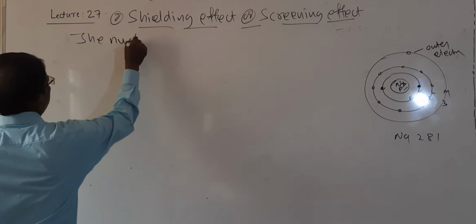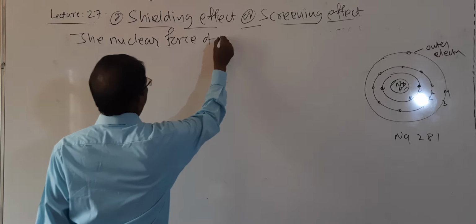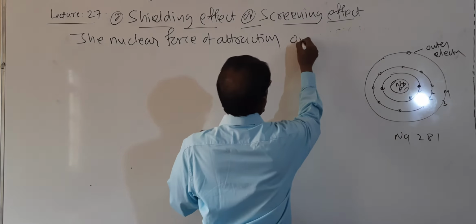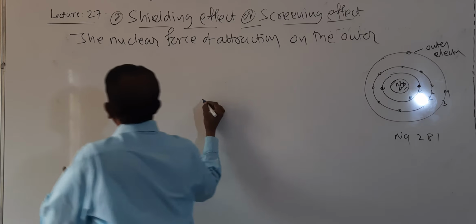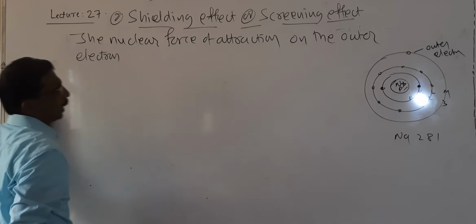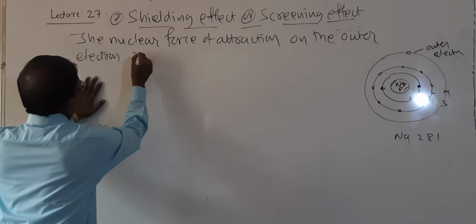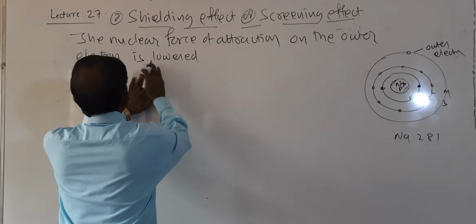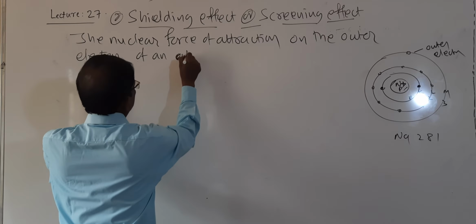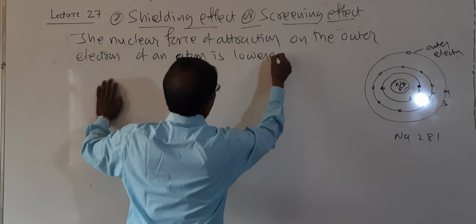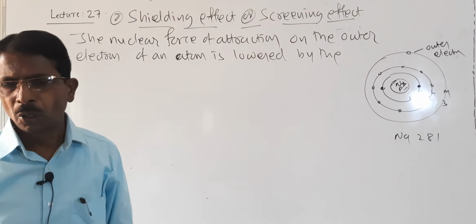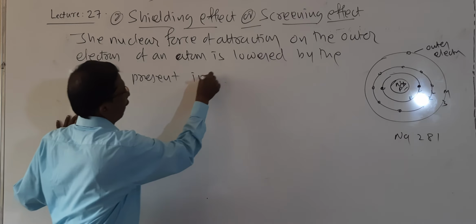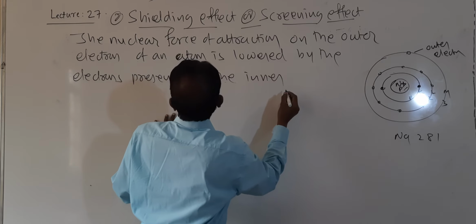The nuclear force of attraction on the outer electron, here it is the outer electron, of an atom is lowered or reduced by the electrons present in the inner shell.